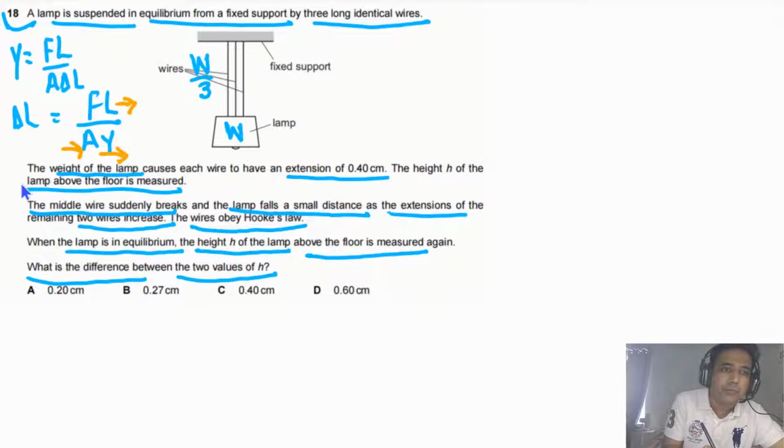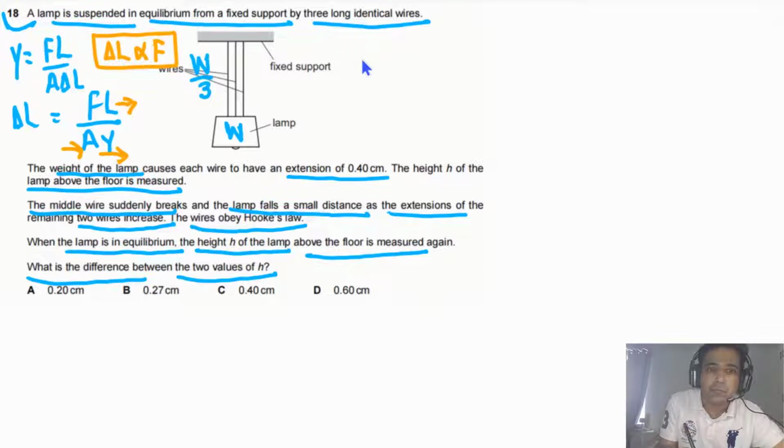So from here we can write delta L is proportional to F. So these two quantities are proportional, or we can say delta L over F is equal to a constant.